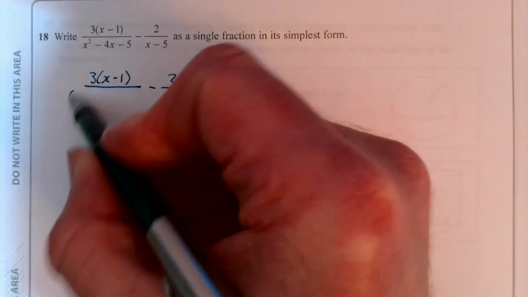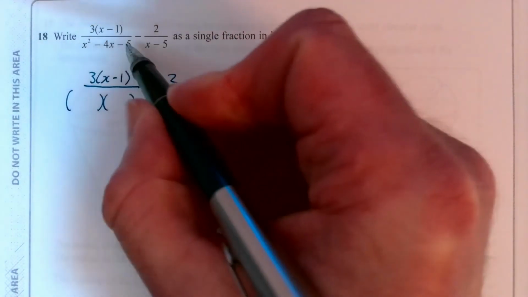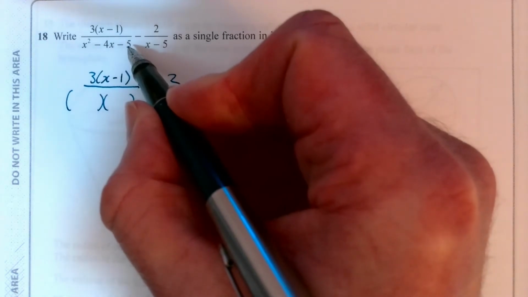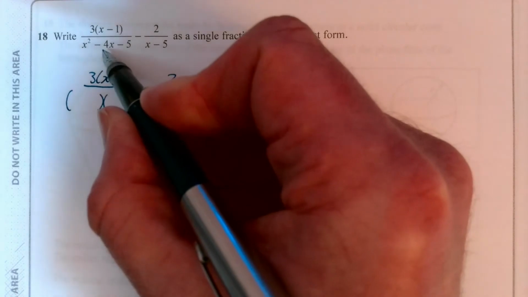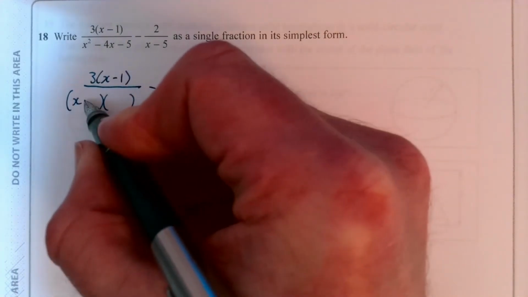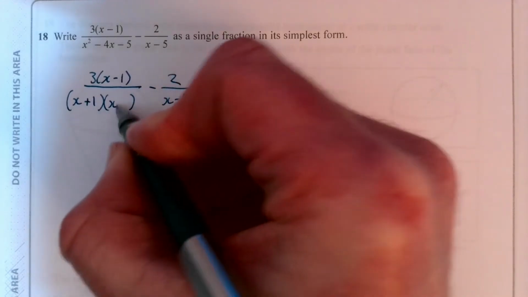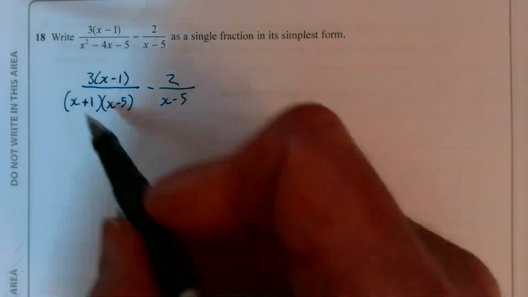We've got to come up with what's this factorized. Well, 5 times 1 is 5, but adding up to negative 4, it's going to be a positive and a negative. So 5 ones are 5, negative 5 plus 1 is going to give you negative 4x. So that's what we get there.